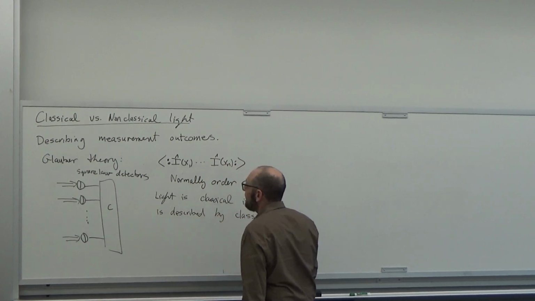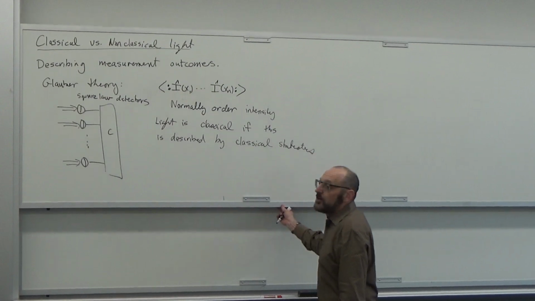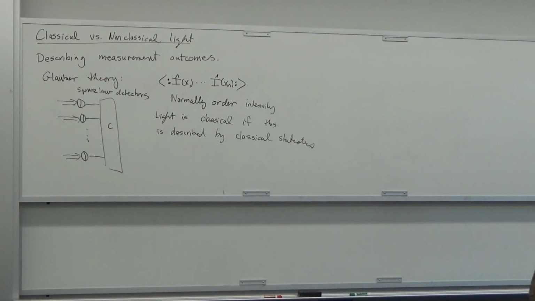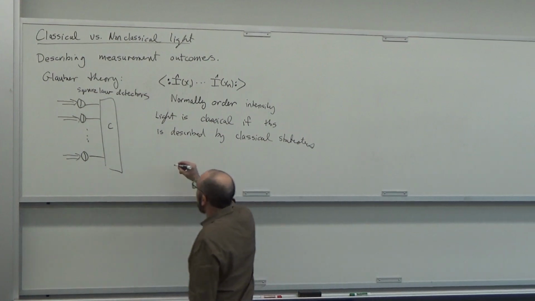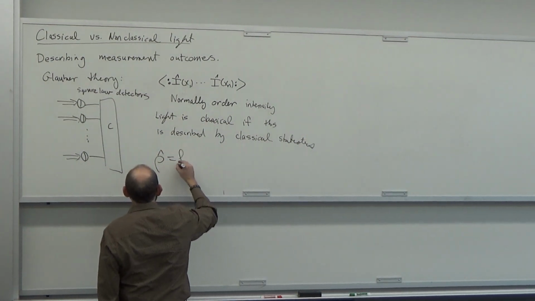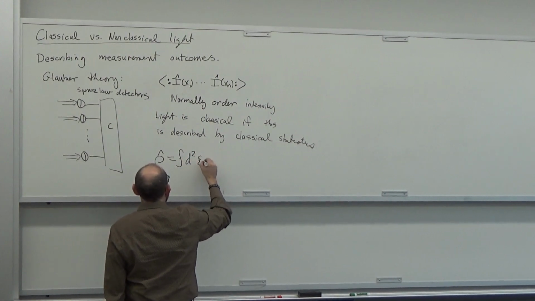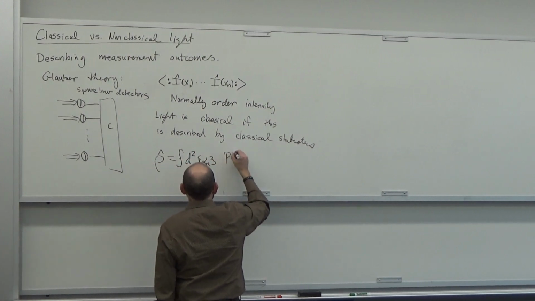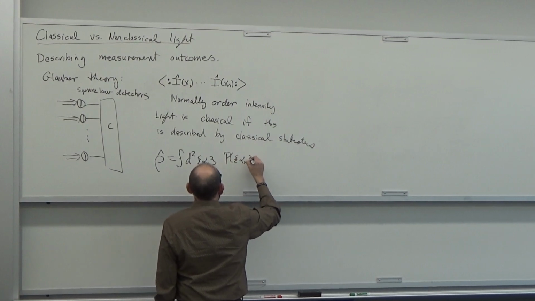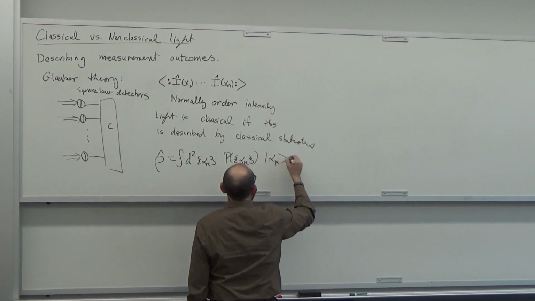And the class of states, quantum states of light, for which that was true, was the set of states which we thought about as a statistical mixture of coherent states.